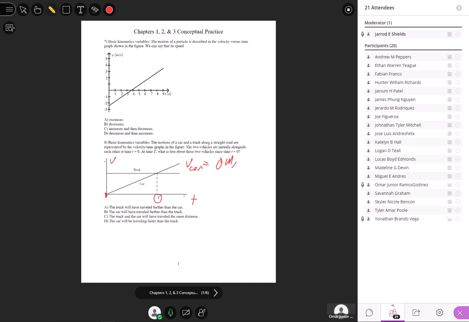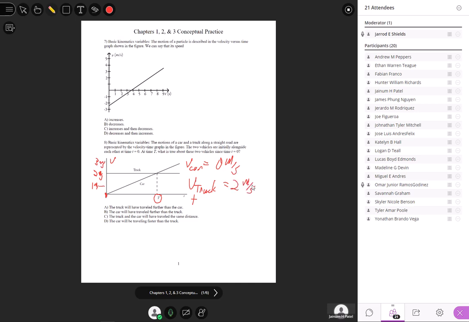What is the velocity of the truck at time 0? Let's just say this is 1 meter per second, this would be 2 meters per second, that would be 3 meters per second, and so on. So at time 0, the velocity of the truck is what? 2 meters per second. Very good. I just made those numbers up.